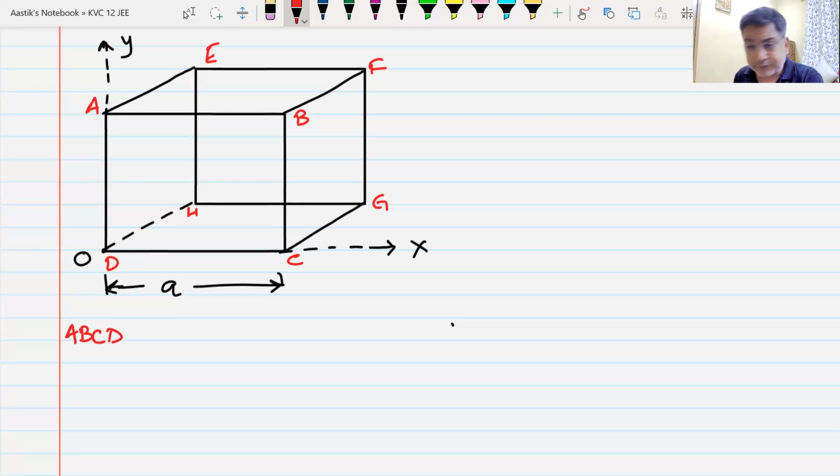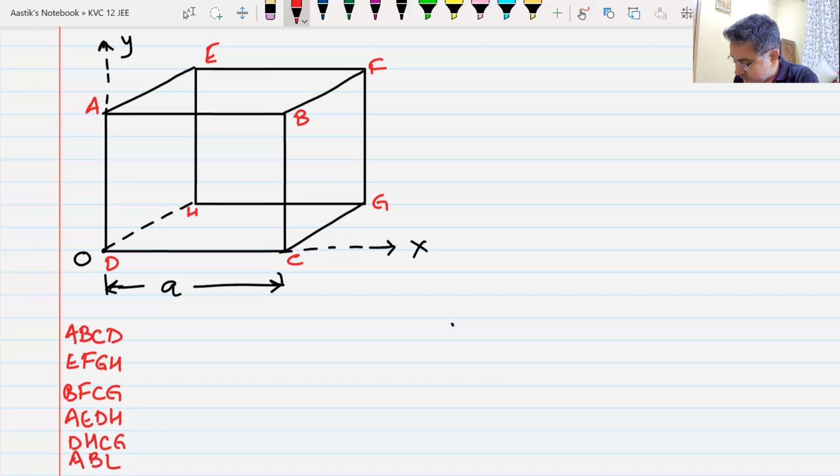Then EFGH, then BFCG, AEDH, DHCG, and ABEF.